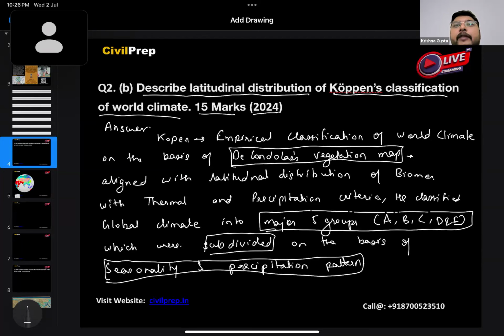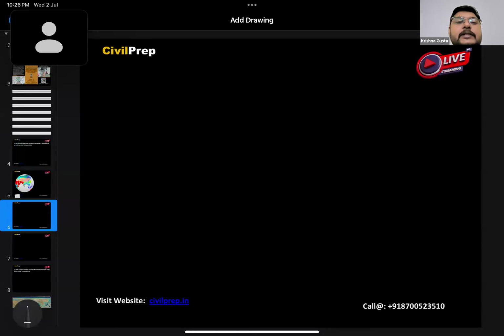Now when we talk about the climatic classification, as this is for 15 marks, we need to provide here certain basic criteria for the development of such categorization. So first I'll be linking it with the De Candolle map or vegetative map.